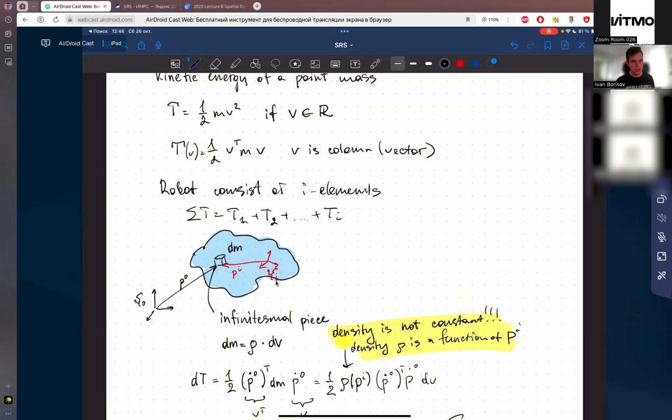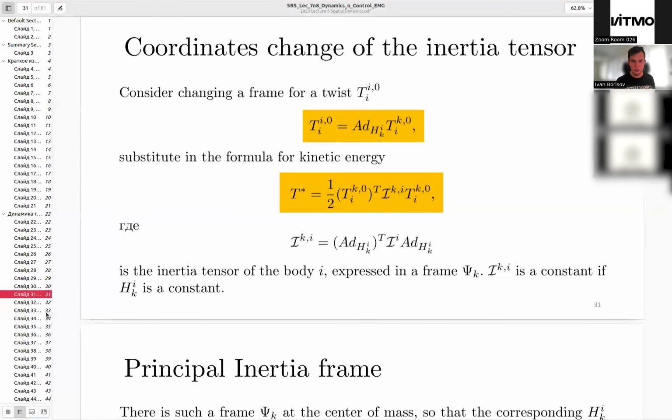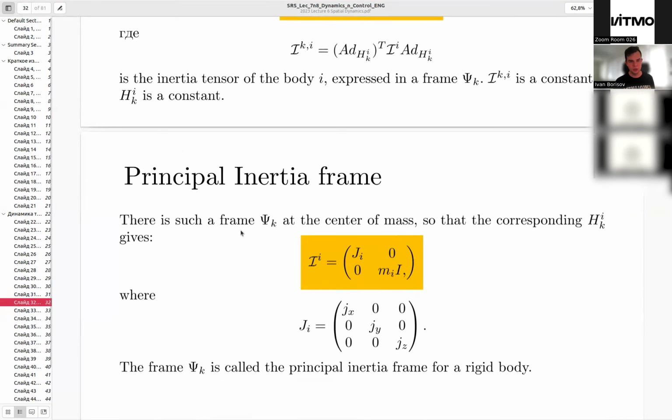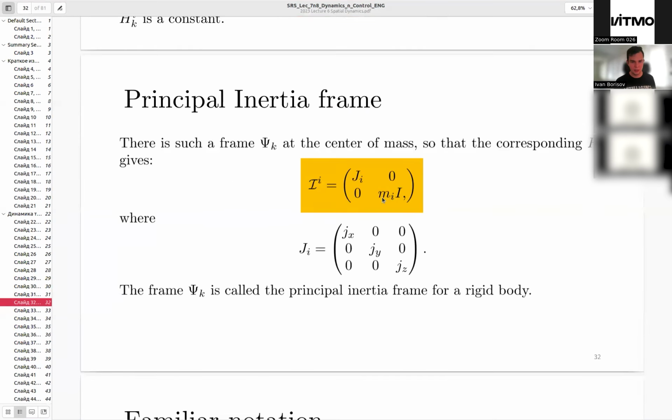You need to use the principal inertia frame. This is the frame that coincides with the center of mass of the link. And in this case, you will have only elements on a diagonal.